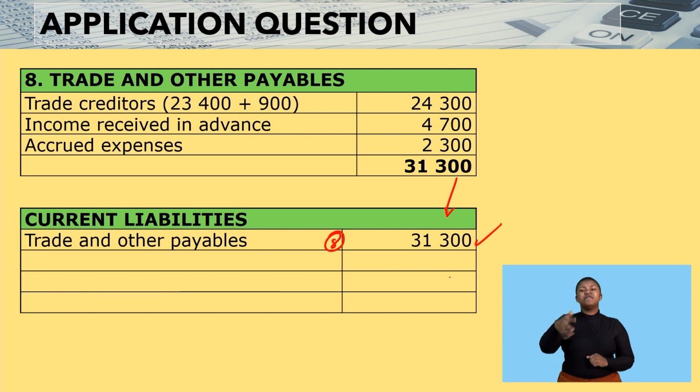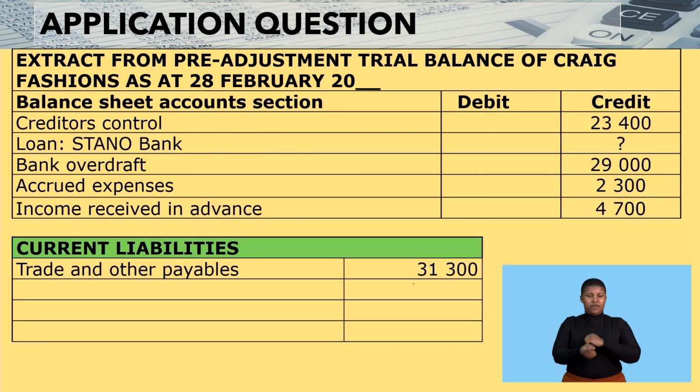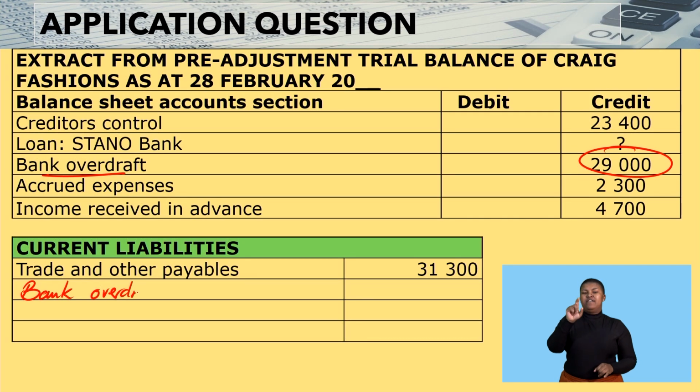Once I have done that, now I can go and look at the next one. The next aspect that I see here is a bank overdraft, and my bank overdraft is 29,000. So I'll come here under my current liabilities, then I'll say bank overdraft, and I'll bring my 29,000 here.